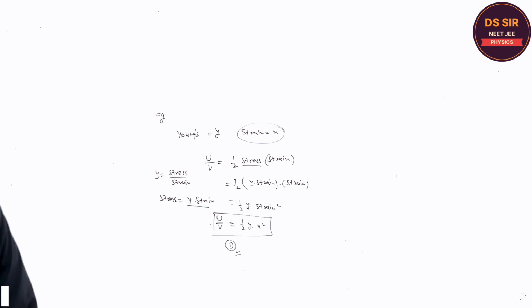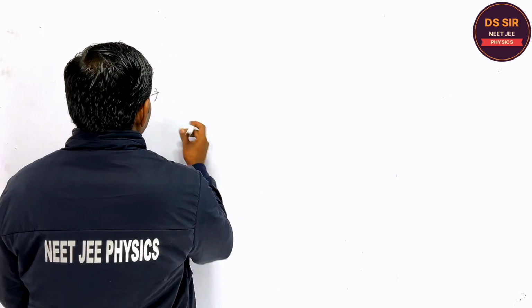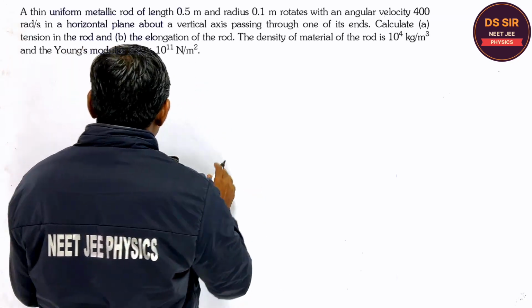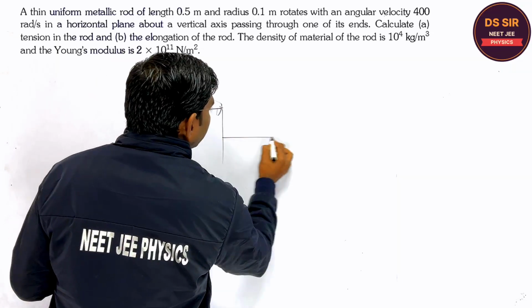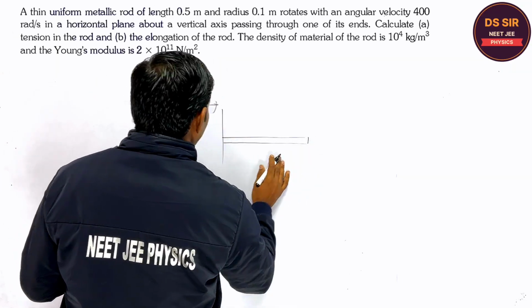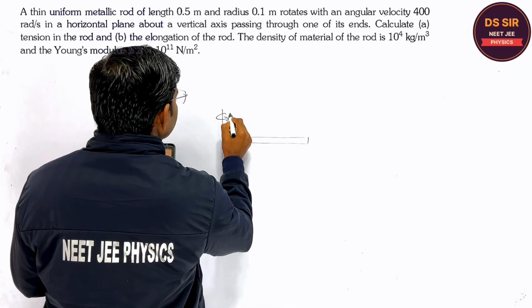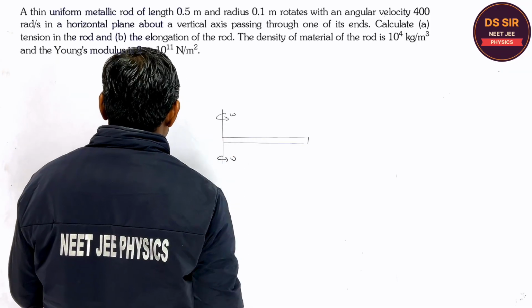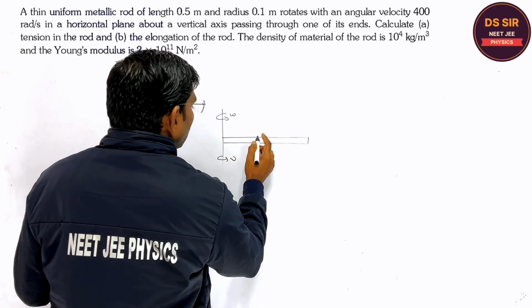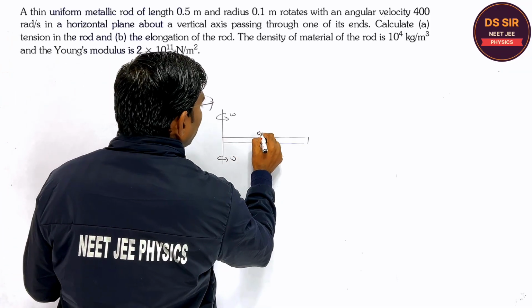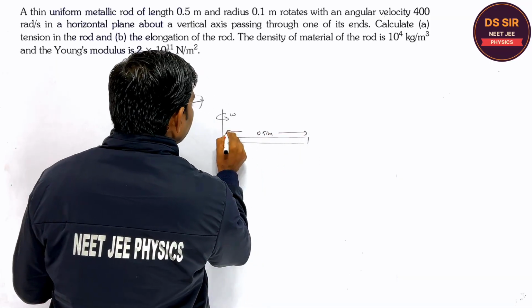Copy this. So read this question. In this question, we have a metallic rod, and this metallic rod is rotating about this axis with angular velocity omega. The length of this rod is 0.5 meter.